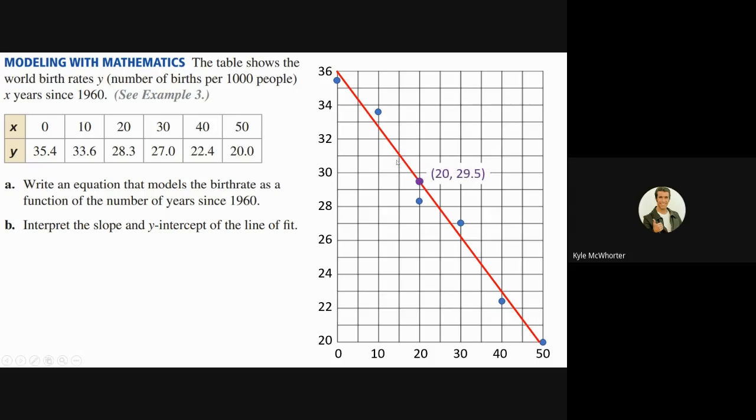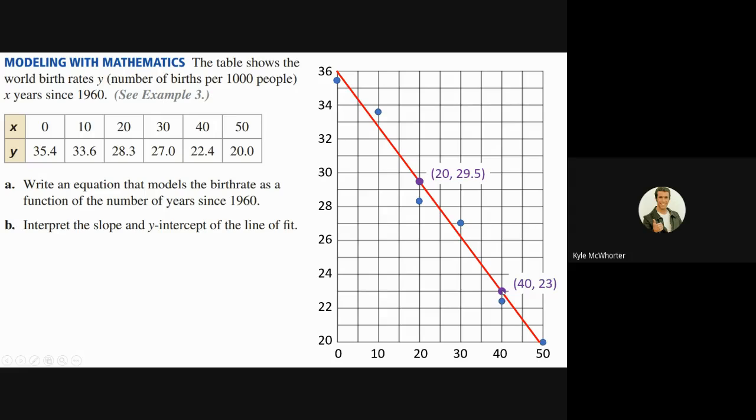So here's a point right here. When X is 20 on the line, the Y value looks to be about halfway between 29 and 30. So we'll take this point, 20, 29.5. And then another point we can take is right here.